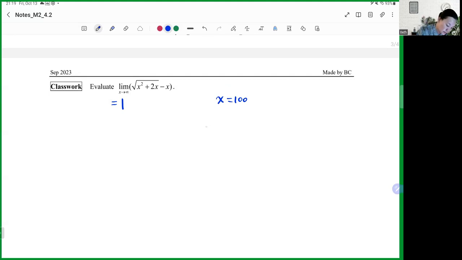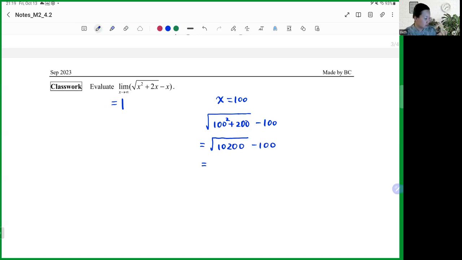So when I put this in, I get 100 squared plus 200 minus 100. And I used my calculator.